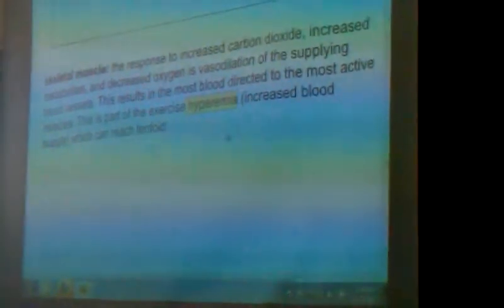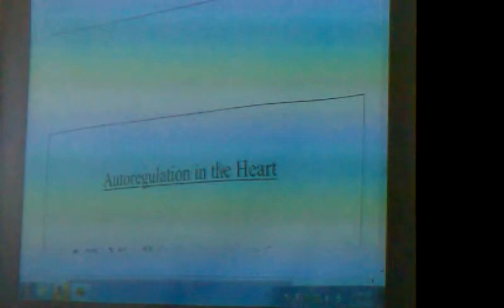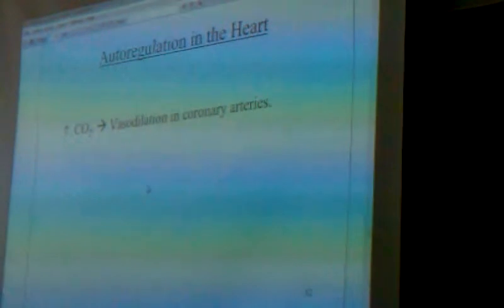You can have a change in coloration of your skin. Okay, so hyperemia is easy to recognize. You can also see that an increase in carbon dioxide causes dilation of coronary vessels. This is an important way to regulate or increase blood flow to myocardial tissues.